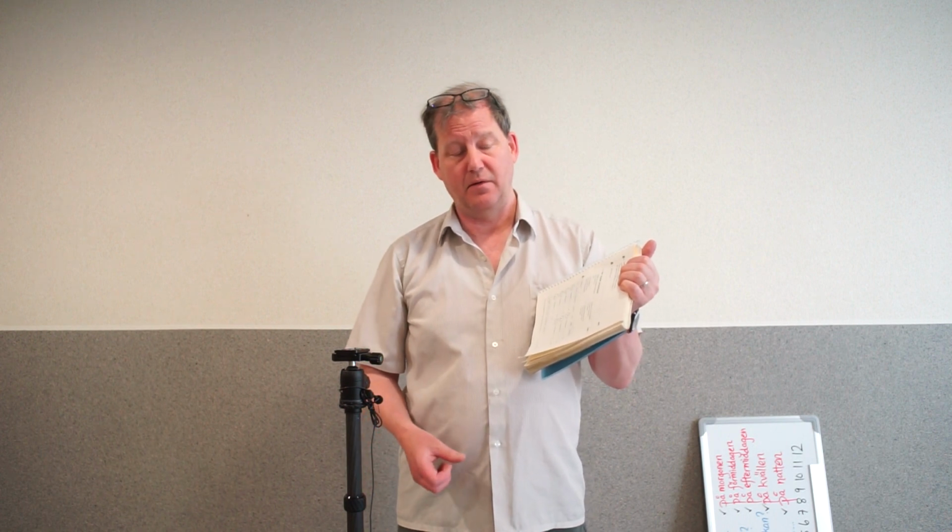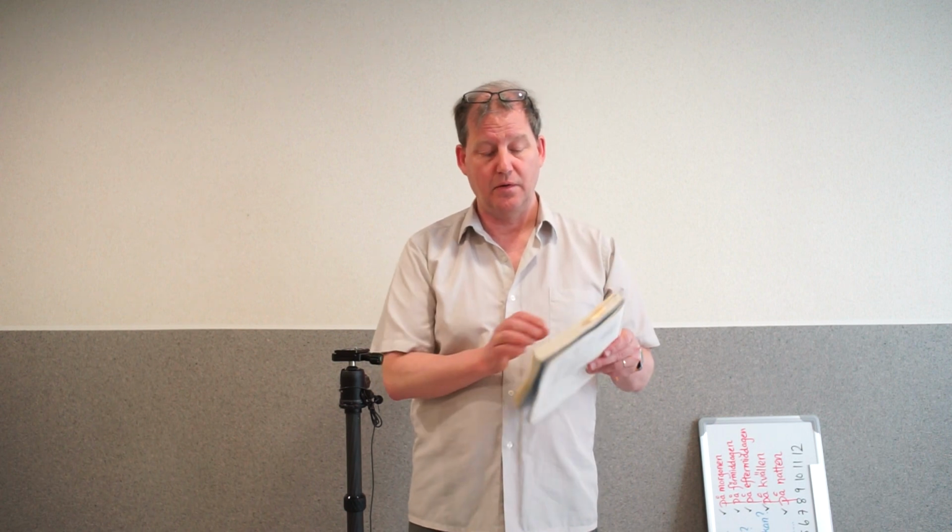Number 2. Vad är klockan? Also meaning, what time is it? Den är 6:05. It is 5 minutes past 7. And then, okay, tack så mycket. Okay, thank you very much. So, number 3. Ursäkta, har du en klocka?